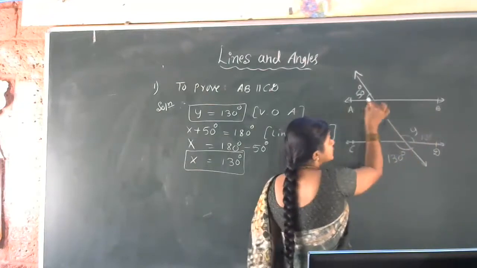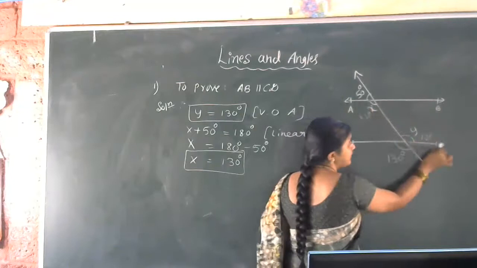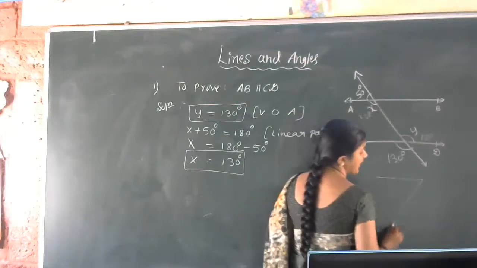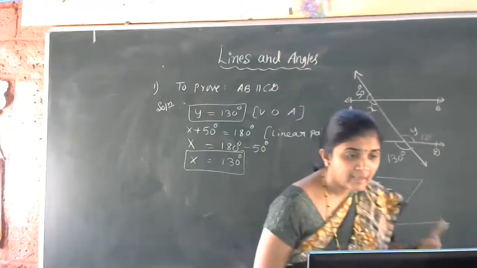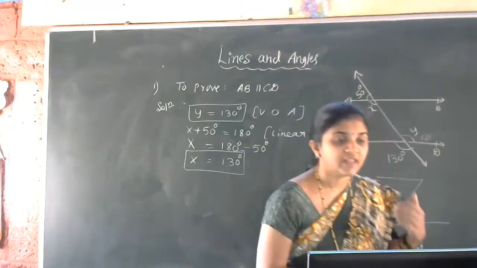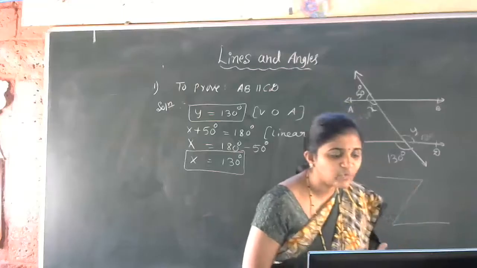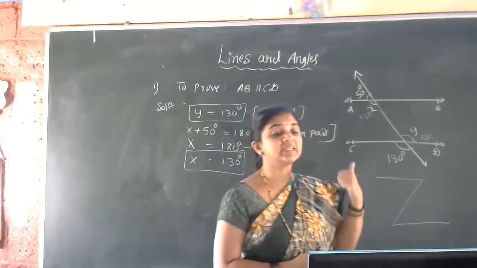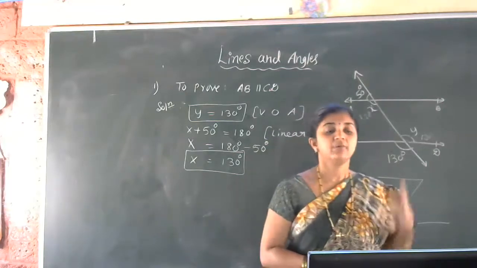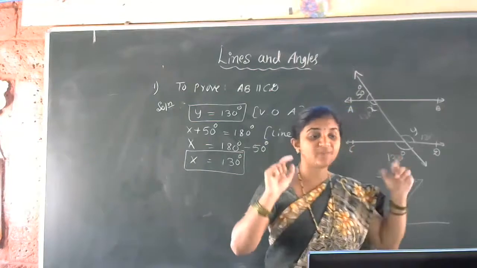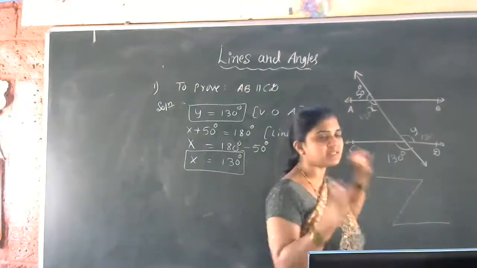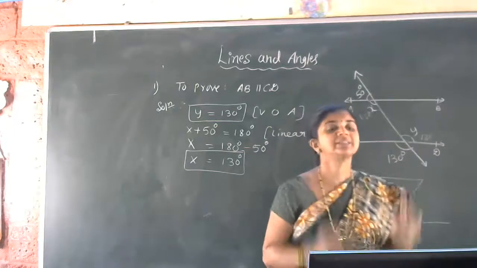When we observe the shape of this one, we are getting Z-shape angles here. So this forms a pair of alternate angles. When a pair of alternate angles are equal, it happens only when the lines are parallel. When Z-shape angles are equal, the AB line must be parallel to the CD line.